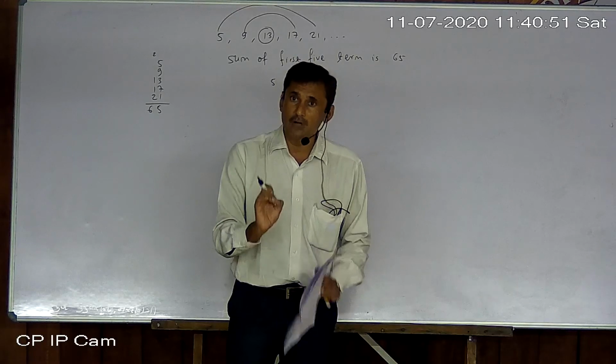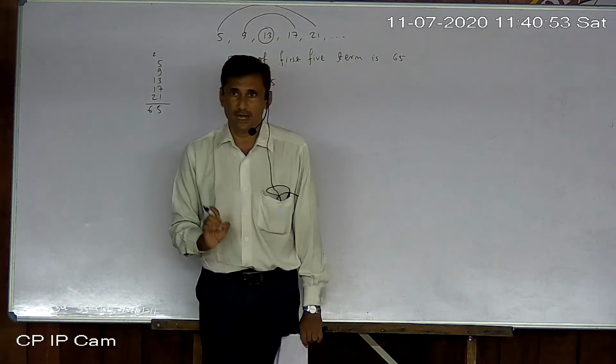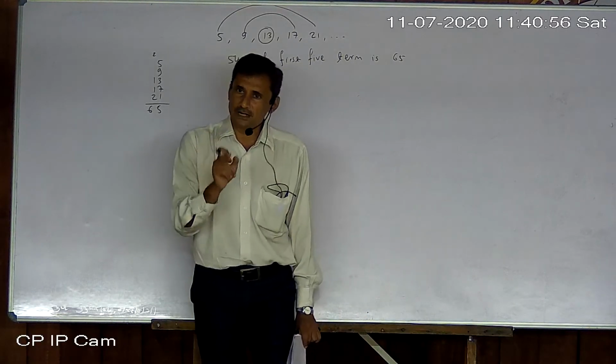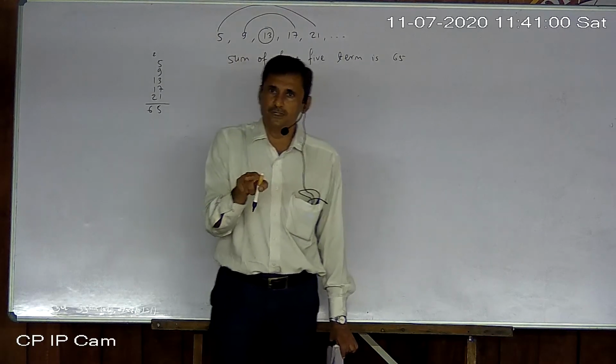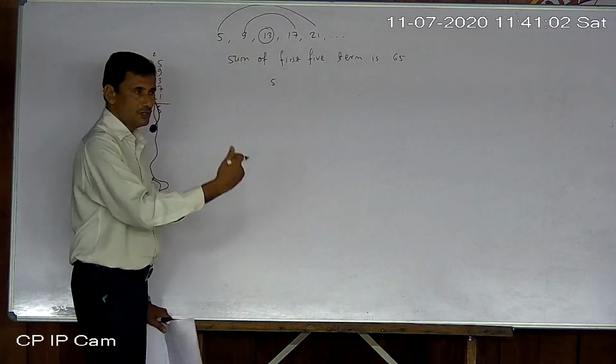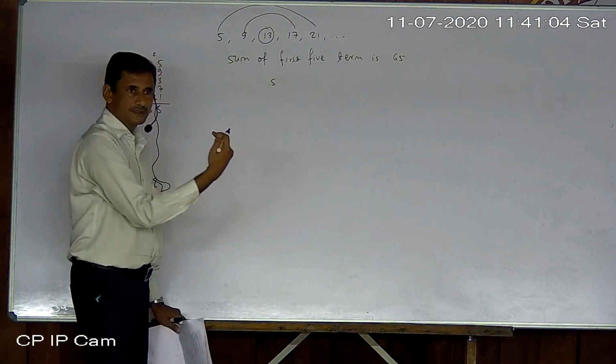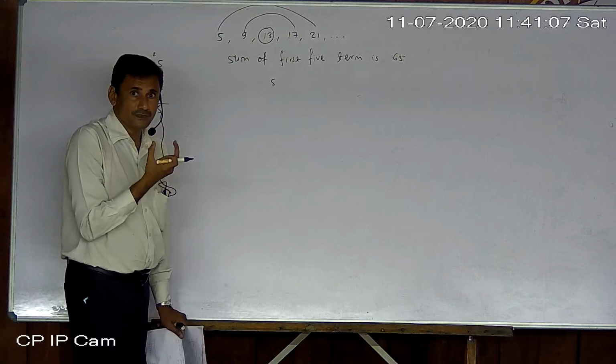Whenever we talk about arithmetic progression only, at that time, otherwise the second and second last term sum divided by 2. Otherwise the third and third from the last, the sum of both these terms divided by 2.